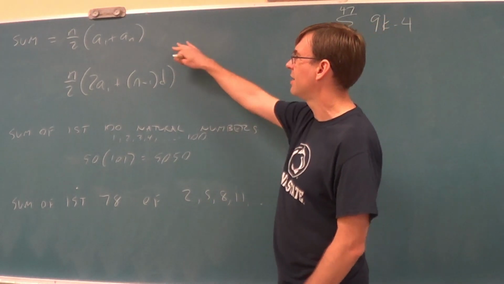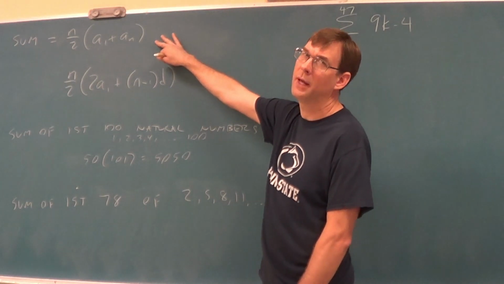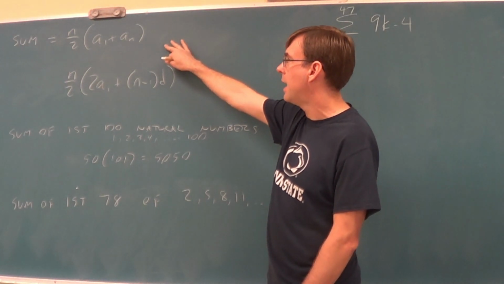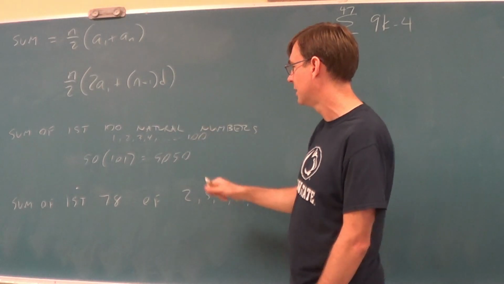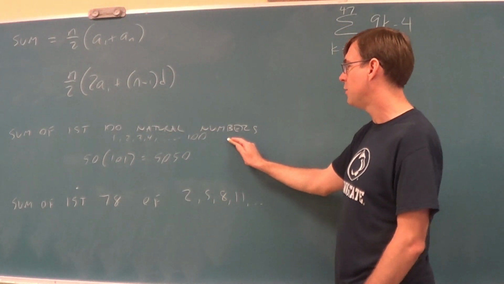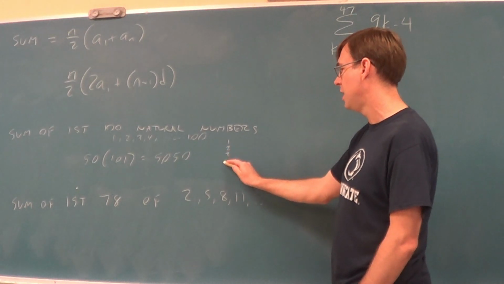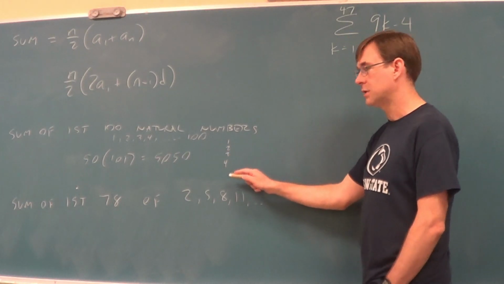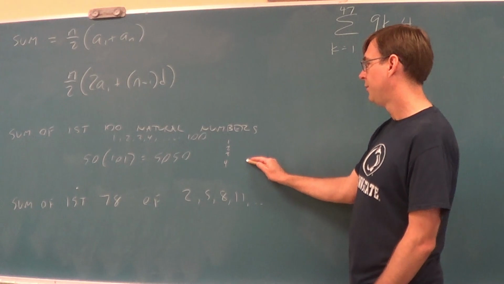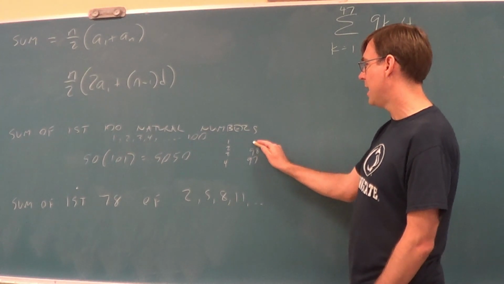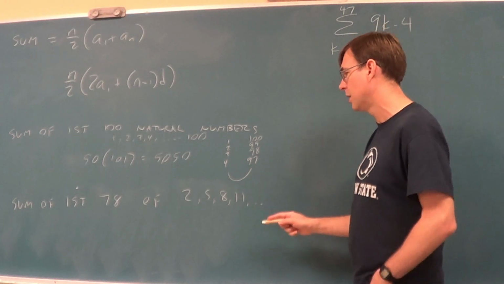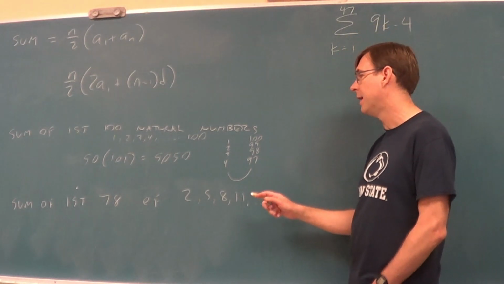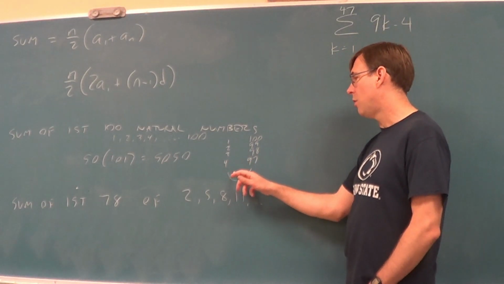I don't necessarily think Gauss created this formula, but he figured out the idea behind this formula almost instantly and added the numbers by recognizing, if you add up 1, 2, 3, 4, etc., for a while, 97, 98, 99, 100, you'd have these numbers in a big list that I'm not patient enough to write.